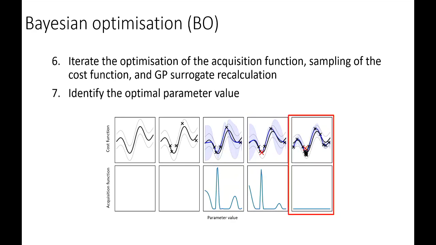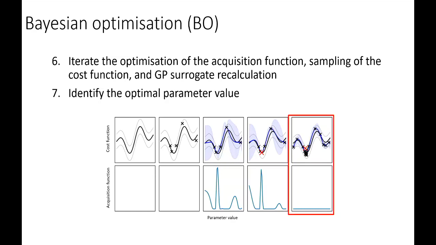Eventually, you iterate this forward and you've sampled your cost function, but most of your sampling is done in places where there might be a chance that you'll improve over what you've done. And you have relatively low coverage away from the point that you're interested in. Right?